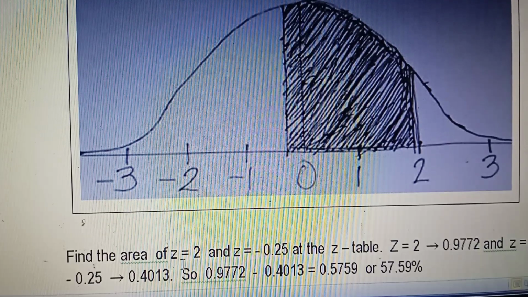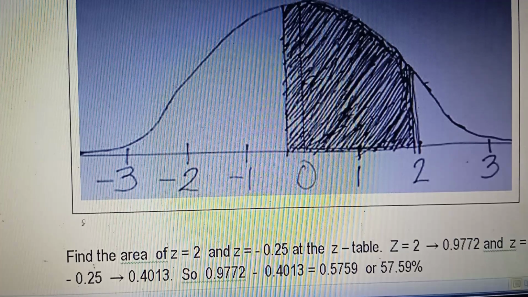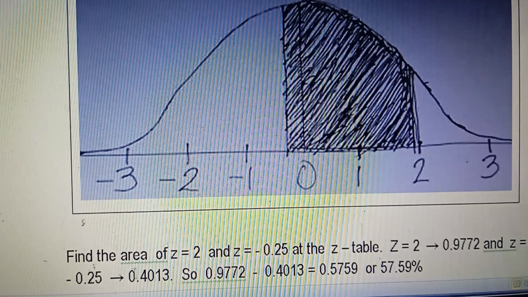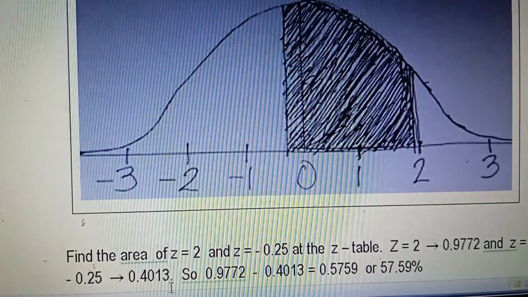Then find the area of z equals 2 at the z table, and also z equals -0.25. The z equals 2 from the z table has a value of 0.9772, and z equals -0.25 at the z table has an area of 0.4013.